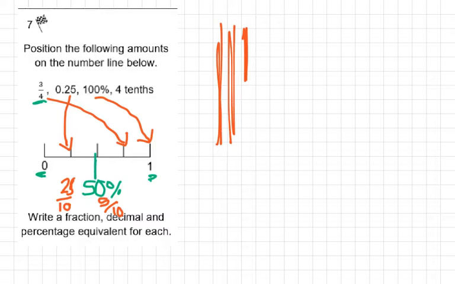So 4/10. Let me put these as decimals instead. 0.5, 0.25. So it's going to be in between those two. I think 4/10 is going to go about there. It's going to be in between the two. That one was a tricky one.